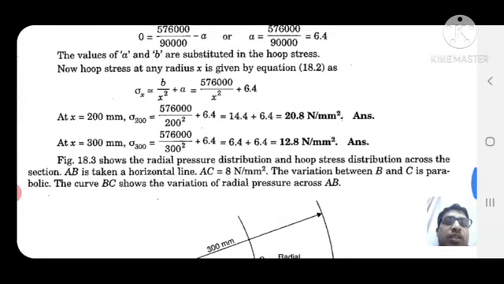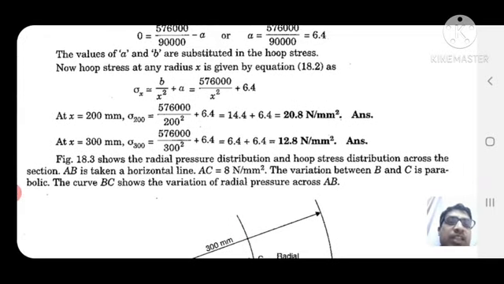At x equal to 300 millimeter, sigma 300 is equal to 576,000 divided by 300 square plus 6.4, that is 6.4 plus 6.4, which is 12.8 Newton per millimeter square.